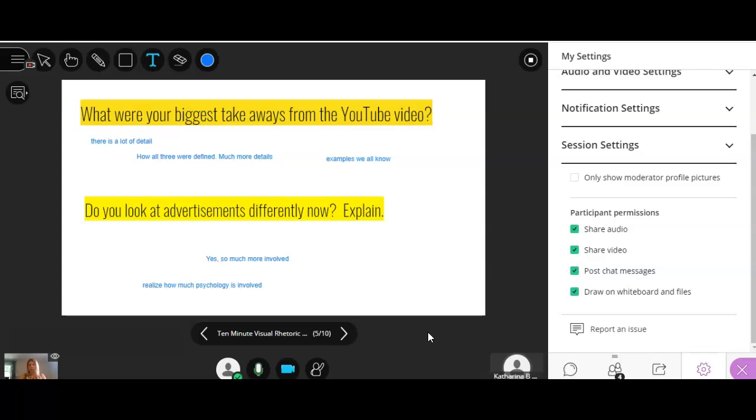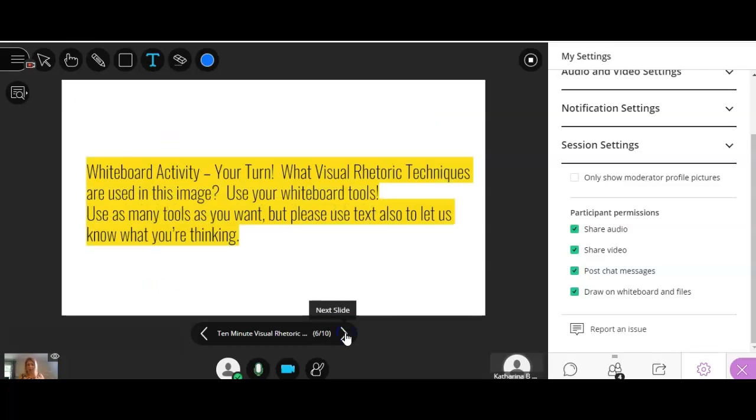I put you in the main room so that we could still look at the whiteboard together, because with this version of Collaborate Ultra, I don't have the ability to save your whiteboard to a file and then bring it back to the main room like I would like to, but it's okay. All right, so let's move on.